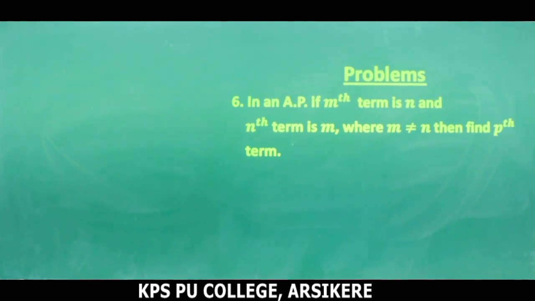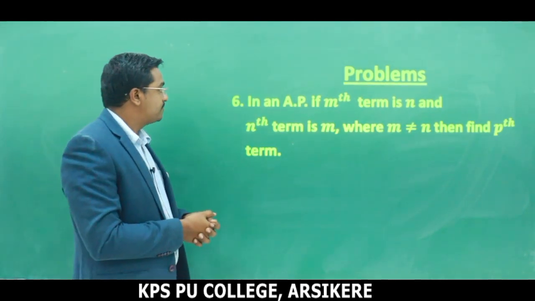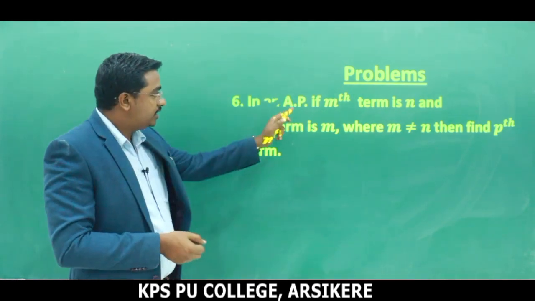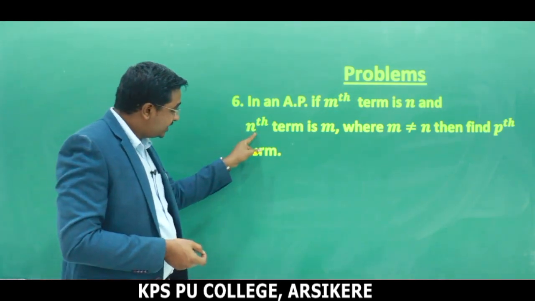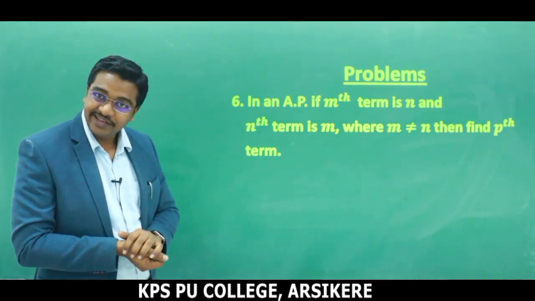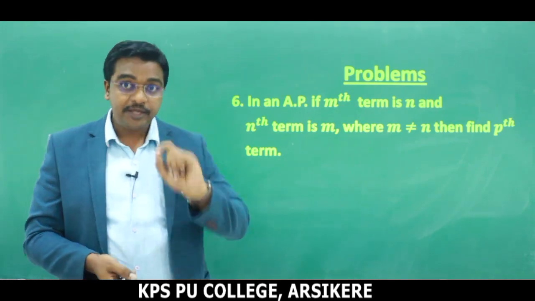Now dear students, we are moving to the next problem on arithmetic progression. In an AP, if the mth term is n and the nth term is m, where m is not equal to n, then find the pth term. We need to find the AP, right?